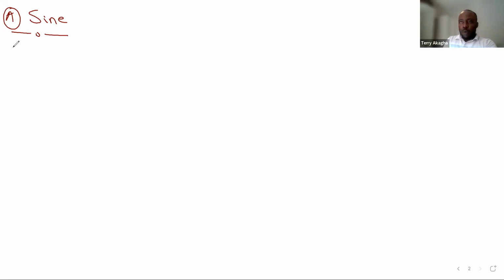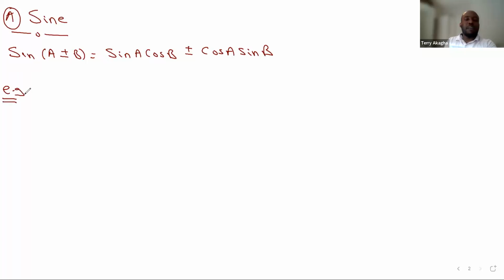And I remember I told you that sine of A plus or minus B is equal to sine A cos B plus or minus cos A sine B, okay? Now, let's solve an example. Let's say, for instance, you are given to find sine of 45 minus 30 degrees.